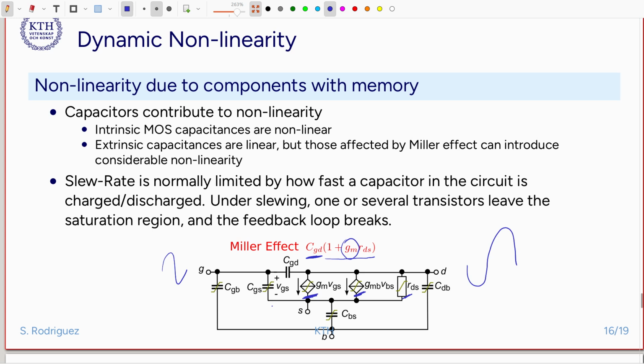The problem is that in any physical system you will always have more poles than zeros, which means that the loop gain will decrease and eventually become zero, meaning that there is not going to be loop gain, and then there is not going to be correction for nonlinearities.